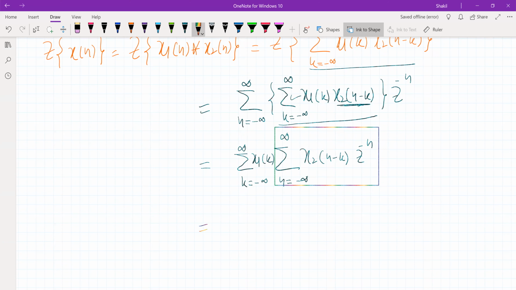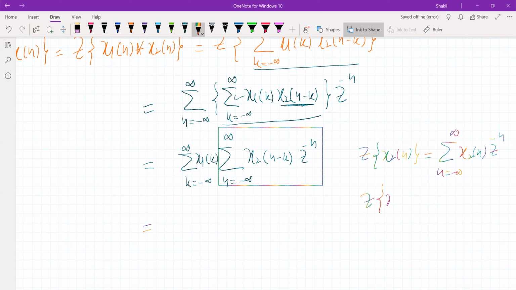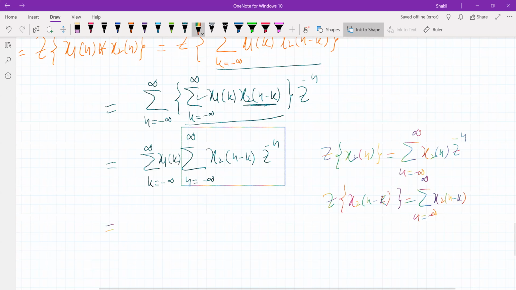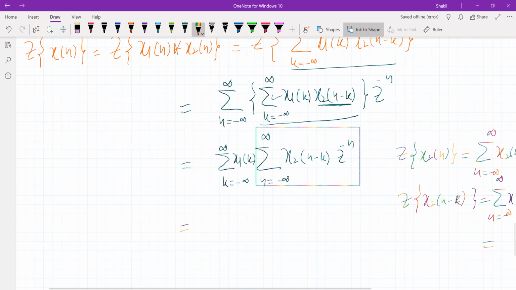Means if the z transform of x2 of n is simply written as the sum of x2 of n, z raised to minus n, with n going from minus infinity to infinity, then the z transform of x2 of n minus k will be simply the sum over n from minus infinity to infinity of x2 of n minus k, z raised to minus n, and this we know is the shifting property.